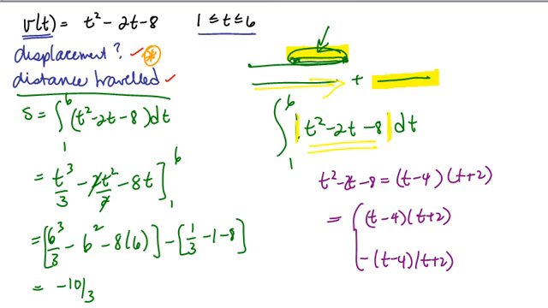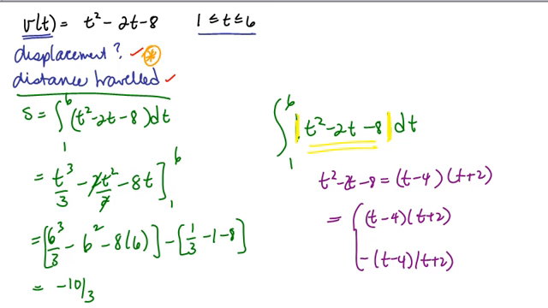Now, if we put it on a number line, let me do a little bit of erasing here so I get some more room. I have t minus 4 and t plus 2. So at negative 2 and 4 it switches.